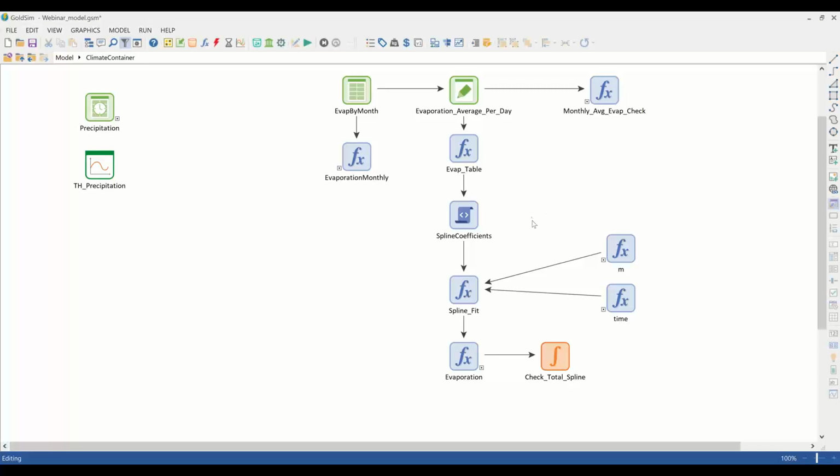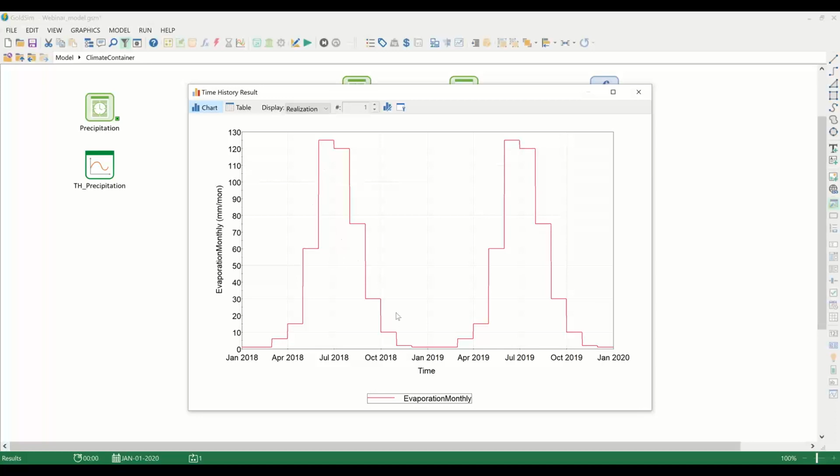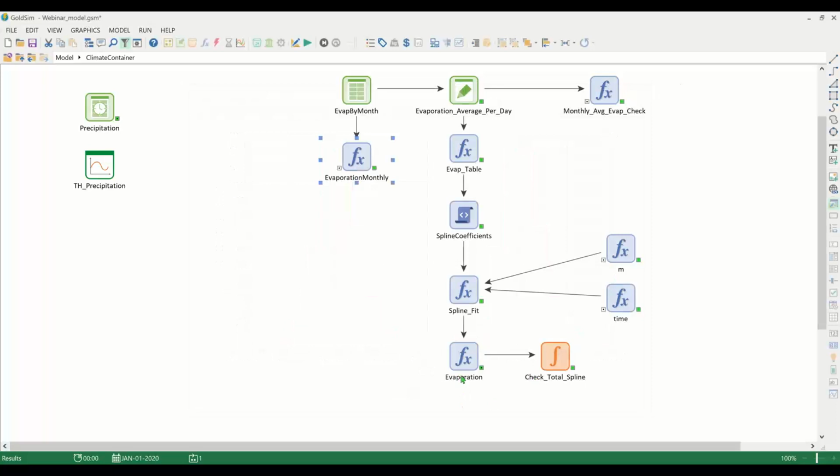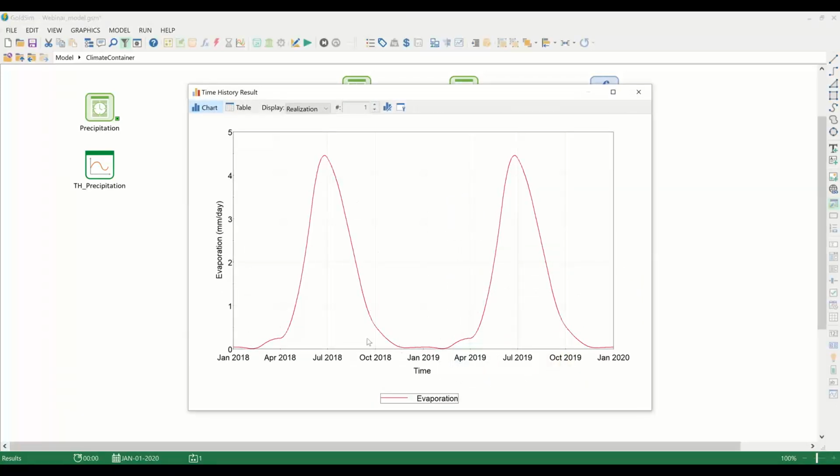I think it's a model that Jason put together and had uploaded a while back. Anyways, it works really nicely, and I think it's a good way to smooth out those monthly evaporation rates. For example, if I ran the model right now and you looked at the monthly evaporation, you can see it has this blocky month-to-month time history. But the splined values smooth that out, so you get a nice, smooth, day-to-day evaporation.